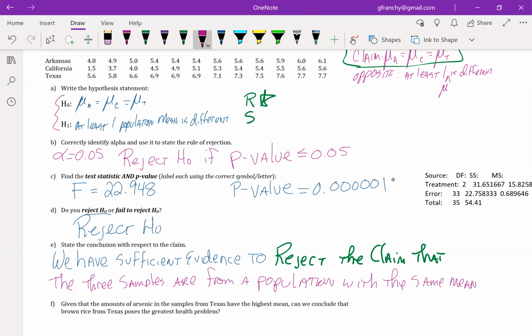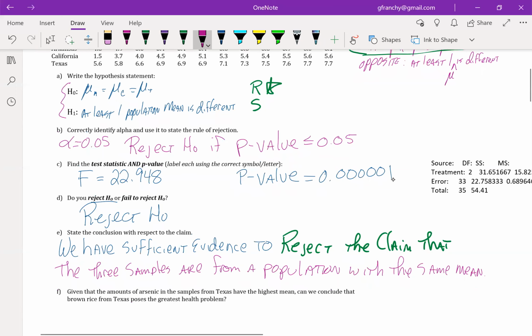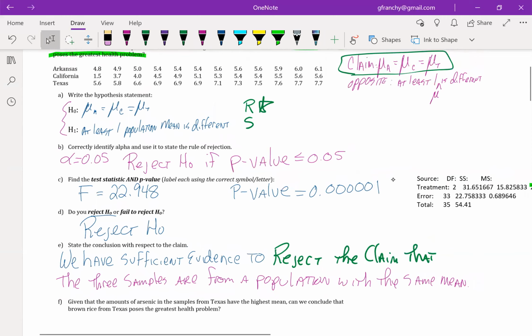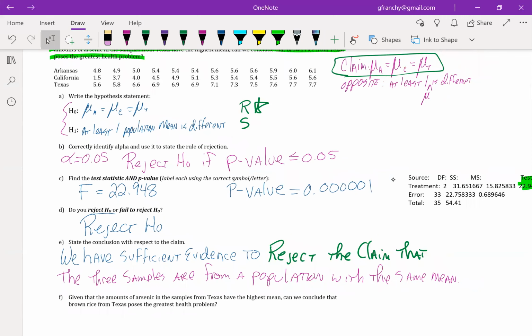Now this is where things can get a little bit interesting in how you follow up when you reject the null hypothesis. If you fail to reject the null hypothesis, you don't have the evidence to believe that any are different. So if you can't say any are different, you don't go looking for differences. You're basically stuck with the means all appearing to be the same.